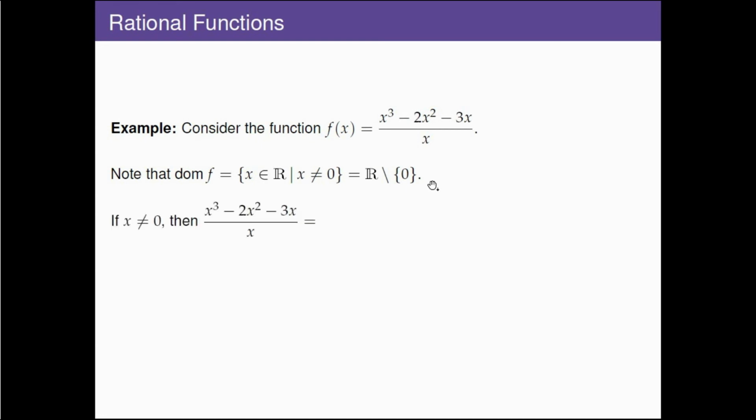If x is not equal to 0, then we can divide the numerator by the denominator and get x squared minus 2x minus 3. Meanwhile, if x equals 0, then the value of x squared minus 2x minus 3 equals negative 3.